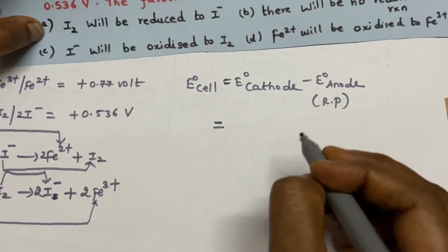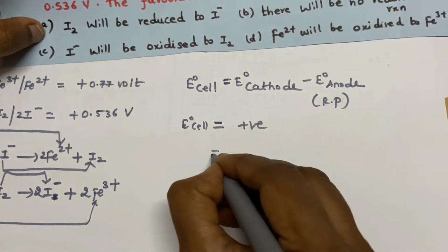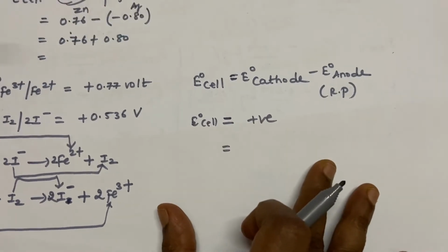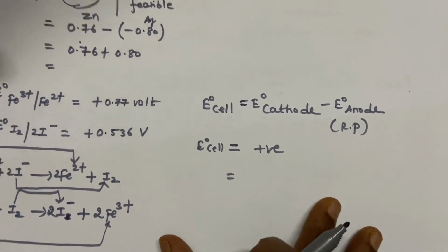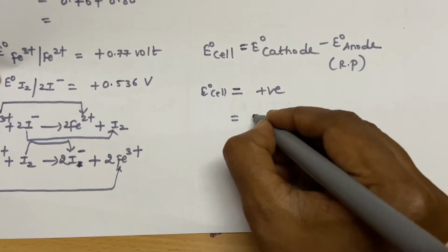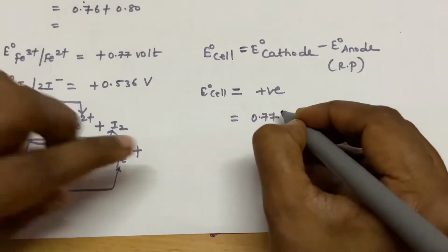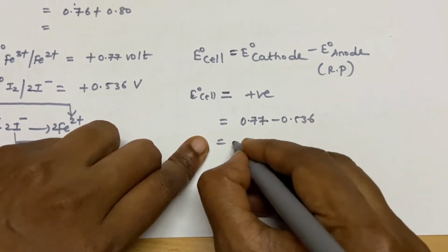For a reaction to be spontaneous, the E cell must be positive. So you have to choose. See, both are reduction potentials. Suppose this is acting as cathode and this is acting as anode, so what value will I get? Directly substituting, I will get a positive value only.